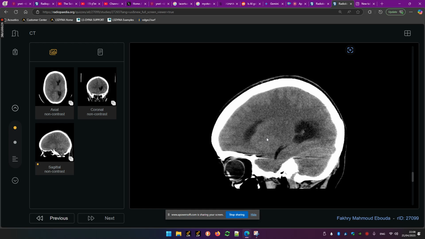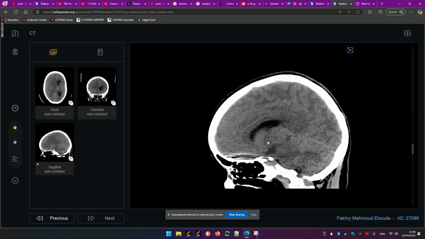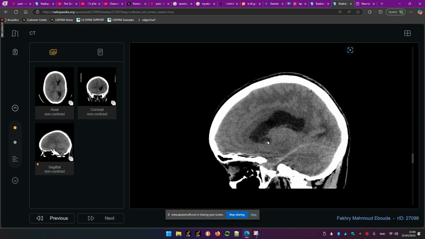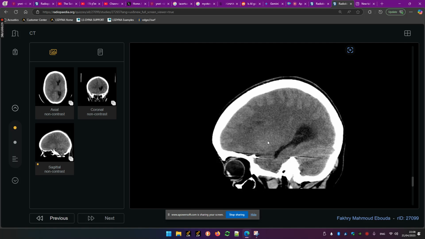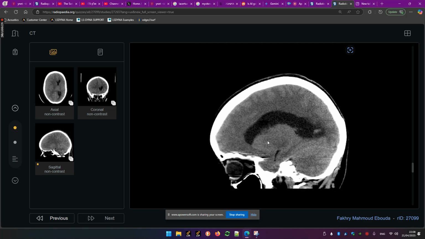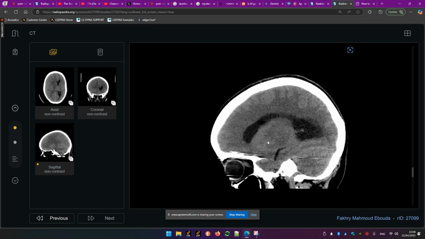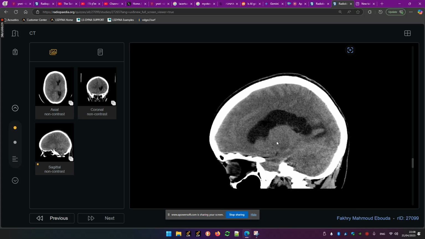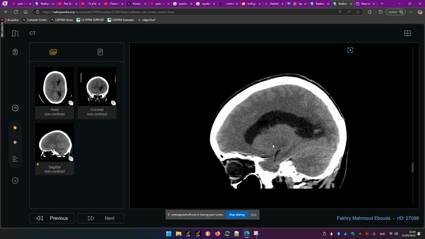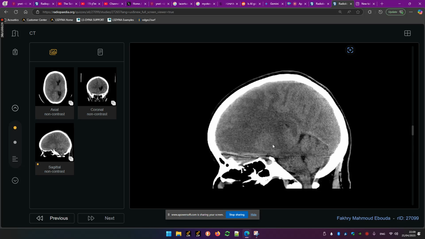It's in the area around the hypothalamus and pituitary, something like craniopharyngioma maybe, some pituitary adenoma, some Rathke cleft cyst. Those are the differential for me for this place that I can think of right now.